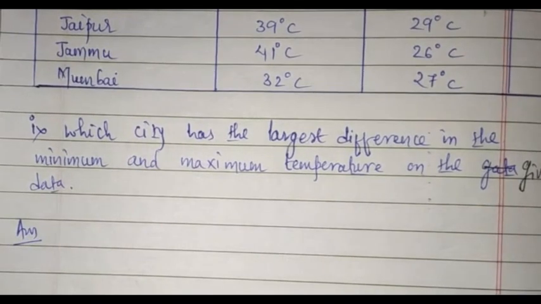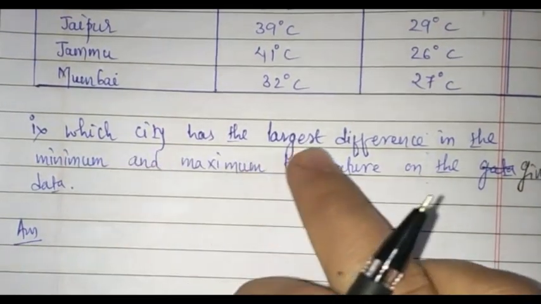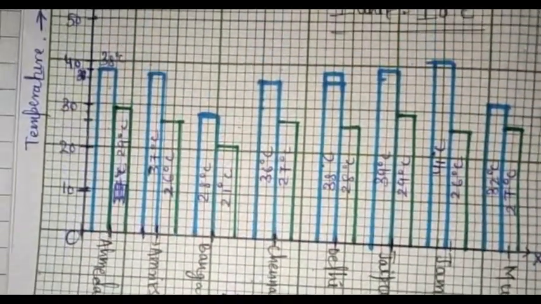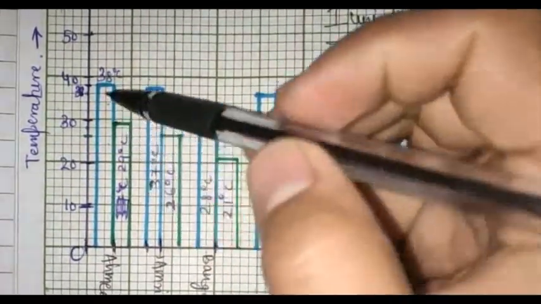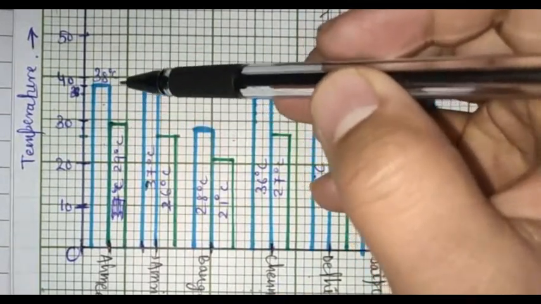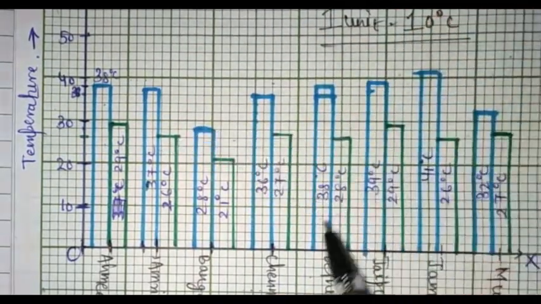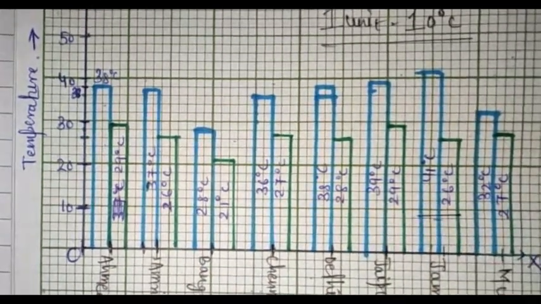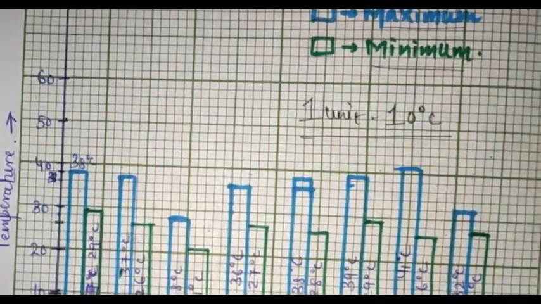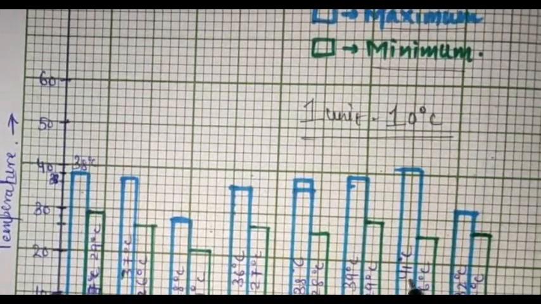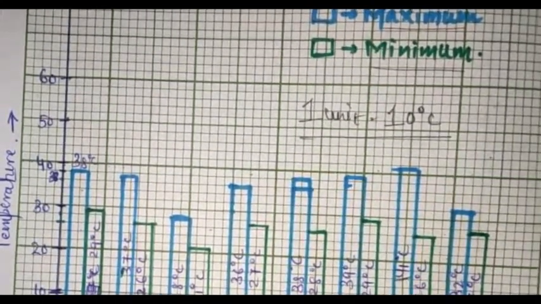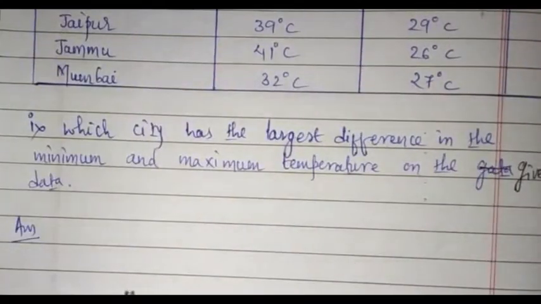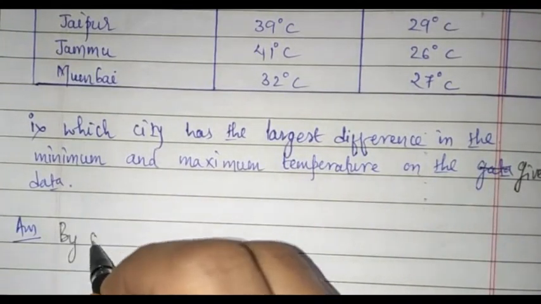Looking at the bar graph, in Ahmedabad there is no such difference, and over here also no such difference, but when you go through it properly, in the case of Jammu you will find the maximum difference: the maximum is 41 and the minimum is 26 degrees Celsius, right?